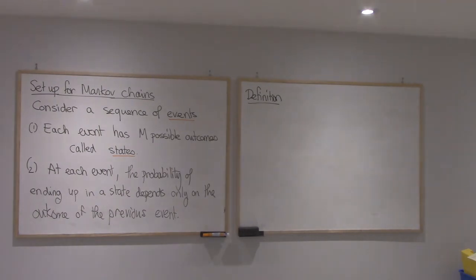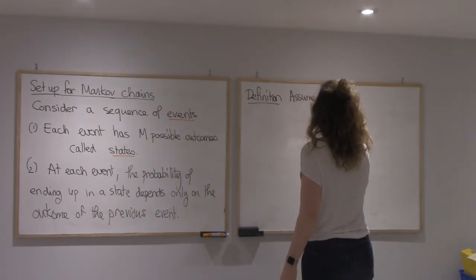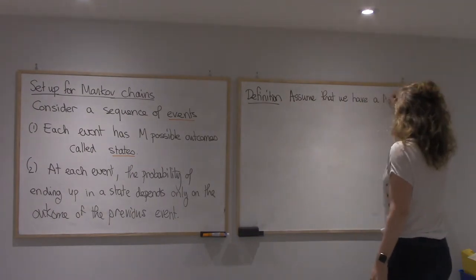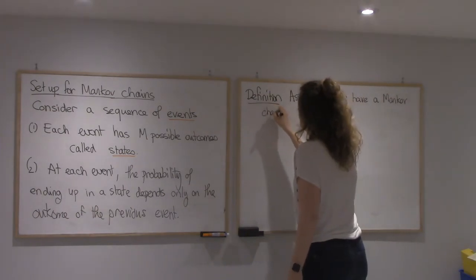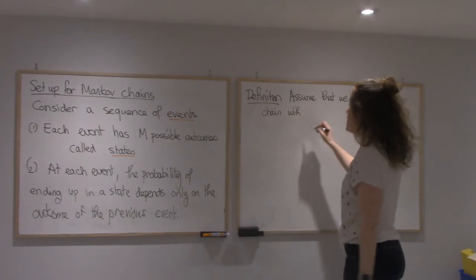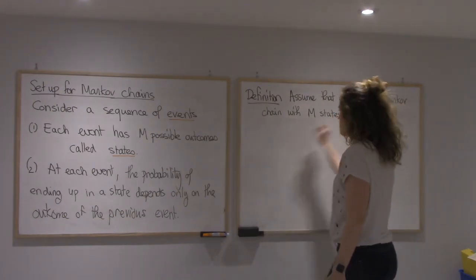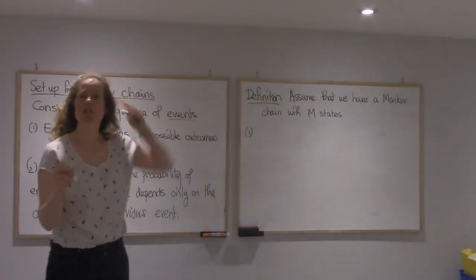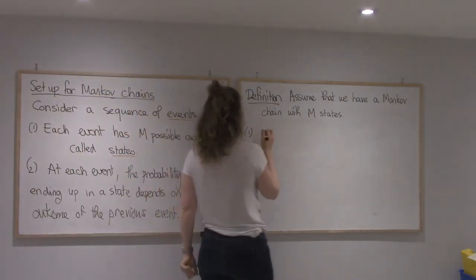Alright, so if we have a Markov chain with, let me use the same number of states, m states. Then my matrix P, I'm going to call it a transition matrix because it tells you how to transition from one event to the next.